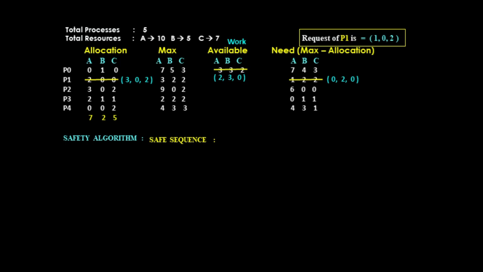When we are using the safety algorithm, we have to construct a safe sequence. Initially, according to this safety algorithm, first we select the first process in the system, that is P0. We have to check whether the need of the process P0 is less than or equal to the work, where work is represented as the available number of resources in the system.